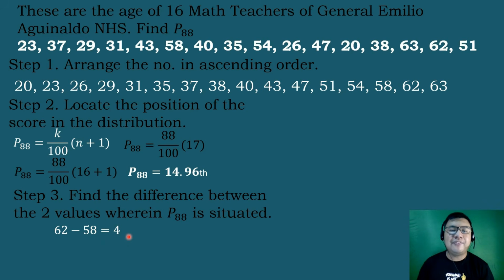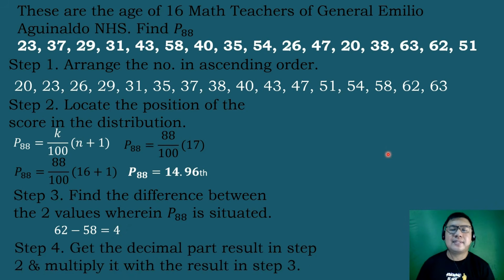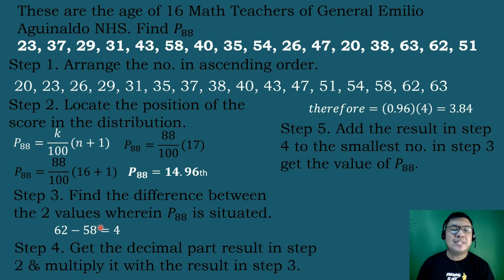After that, for step 4, we will multiply the decimal part of the result in step 2, which is equal to 0.96, with the result in step 3, which is equal to 4. So we have 0.96 times 4, and that is equal to 3.84. Finally, we will get the result in step 4, which is 3.84, and we will add it with the smallest number that we subtracted here in step 3, and that is 58.